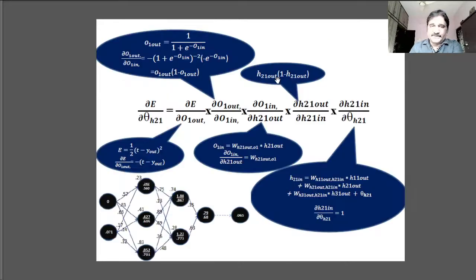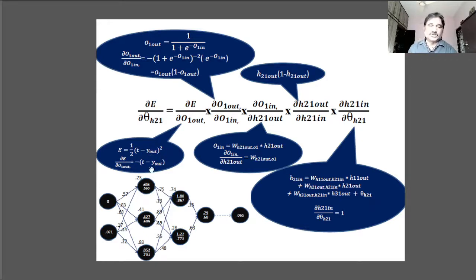That is the difference between what we have to see and what we are seeing. So DE upon DO1 out. This we have already seen, but just to help you understand it again, E is summation. Summation sign I have not written here. Summation 1 by 2 (t minus O1 out) square.